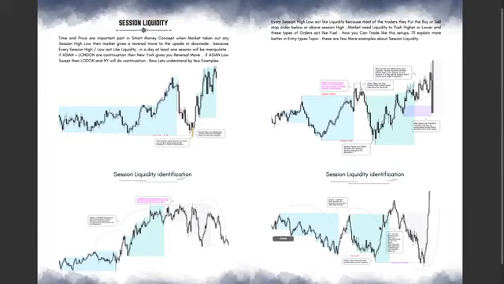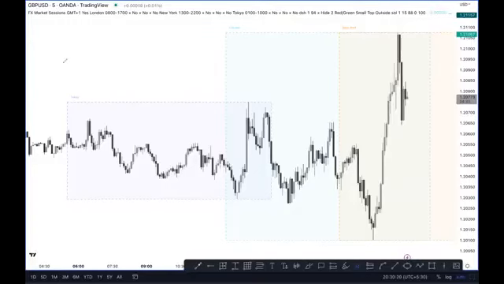Which indicator do you use to identify sessions? There are different indicators, but I'm going to show you which one you can use exactly. Okay, first one. Look at this one, right? You can see every session very clearly.